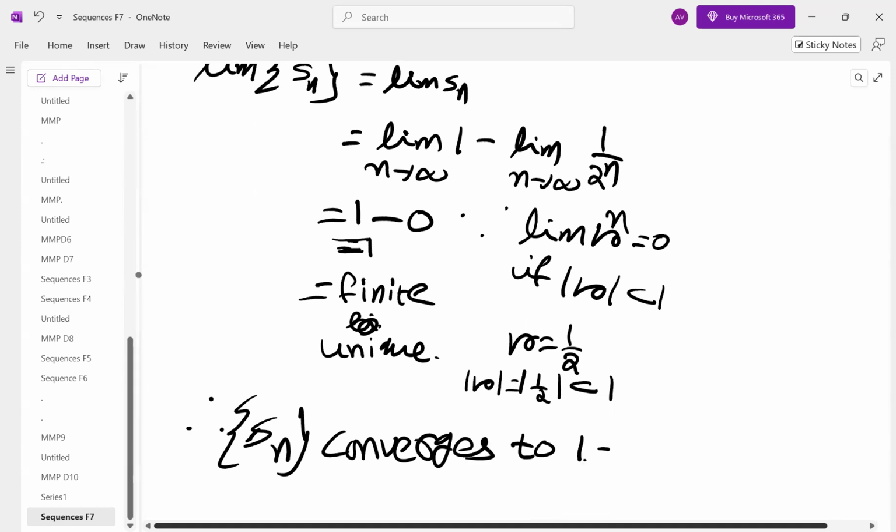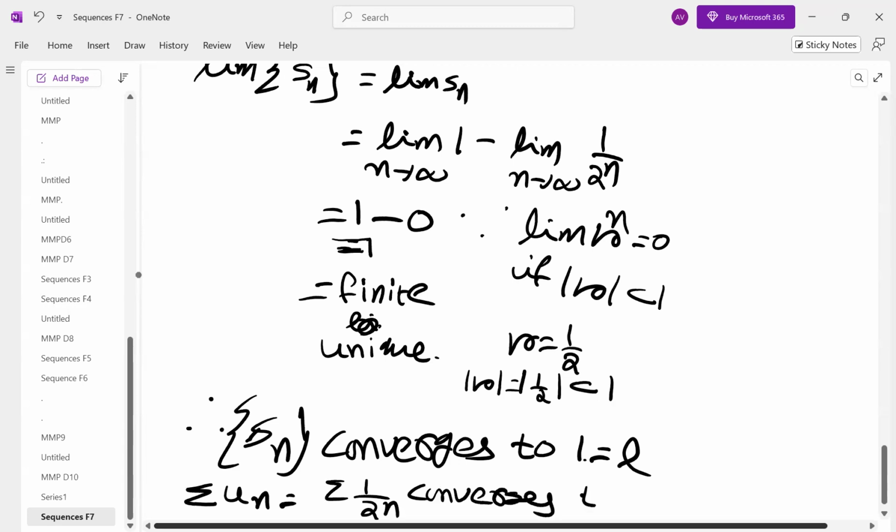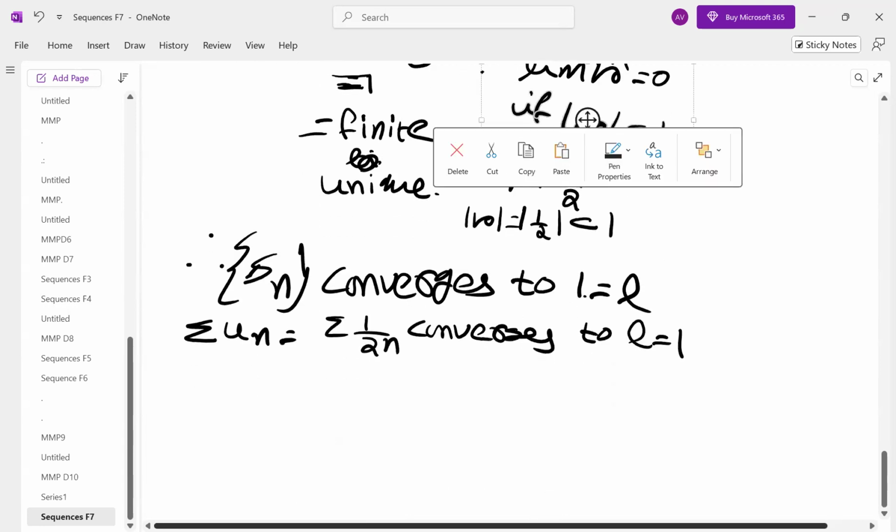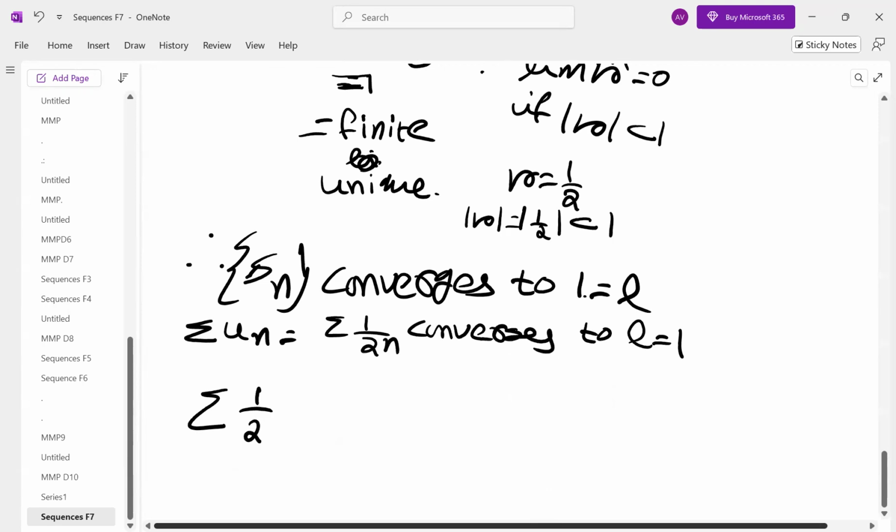This is our L. We say summation n equal to 1 to infinity 1 by 2 power n also converges to L. Moreover, this summation 1 by 2 plus 1 by 2 squared and so on is equal to L, which is 1.